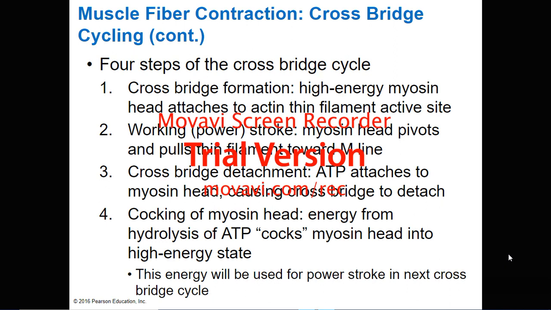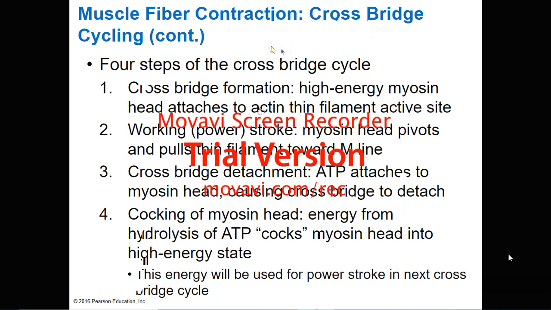And this is a schematic showing you step number one, the cross bridge formation. The energized myosin head attaches to the actin myofilament. You see this long brown band, which is the tropomyosin, and then you have troponin right here.